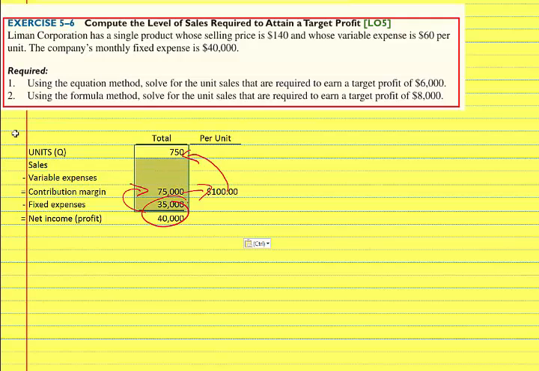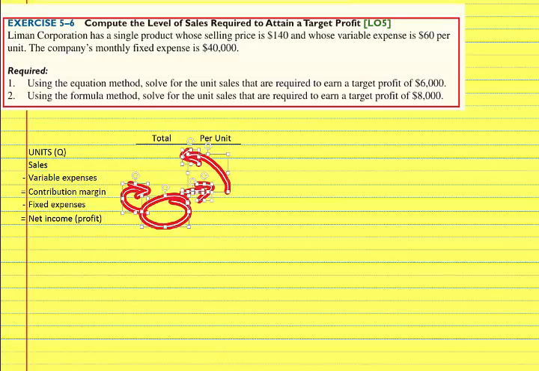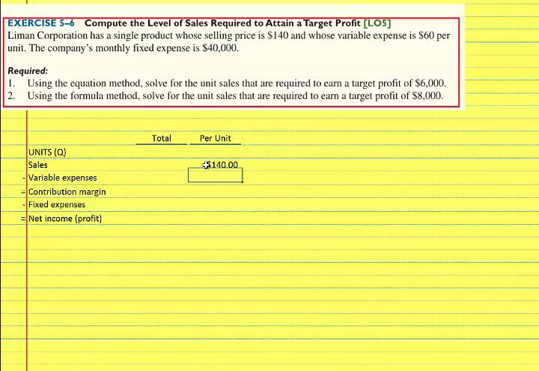Let's get rid of the old numbers, and get rid of all of that information. And let's drop in the information for requirement 1. The selling price is $140 per unit, and variable expenses are $60 per unit, and monthly fixed expenses are $40,000.